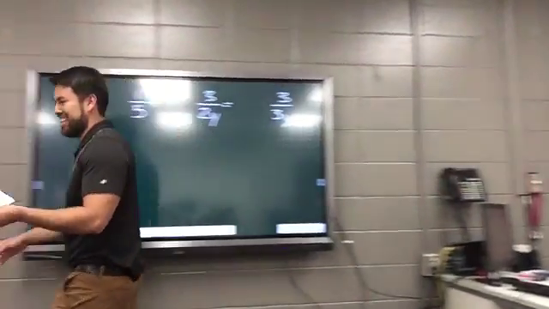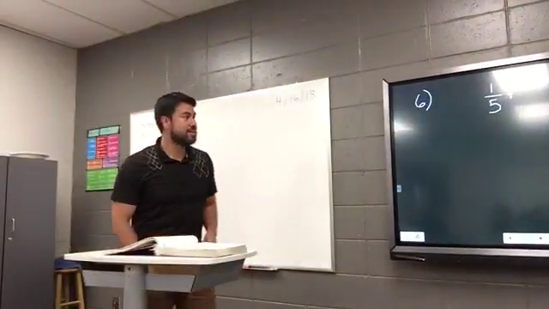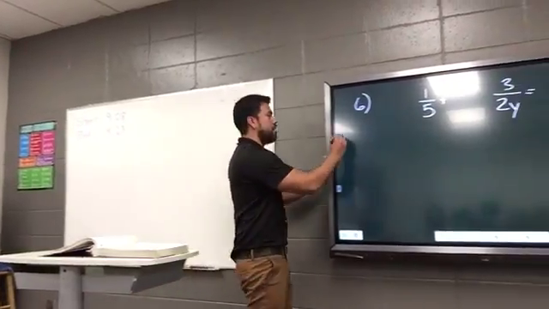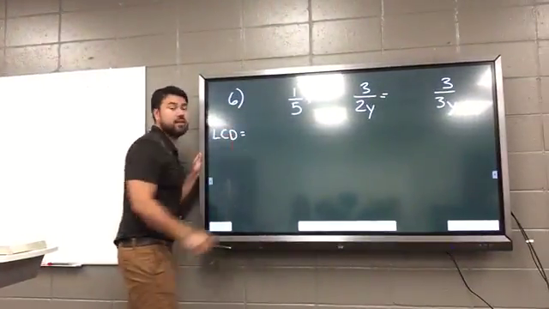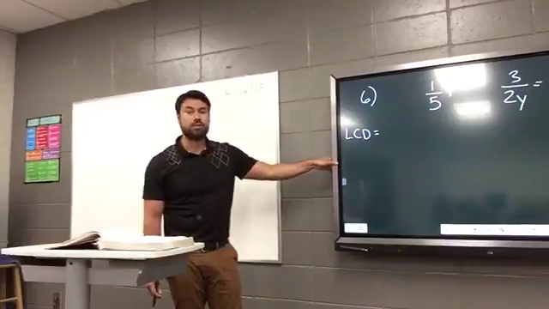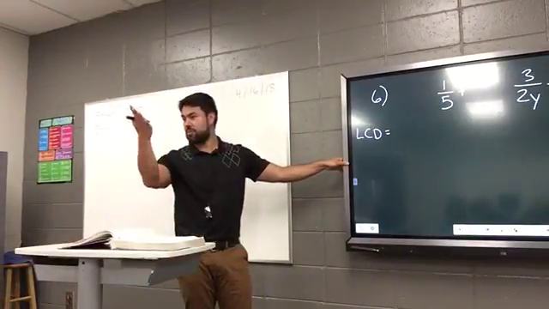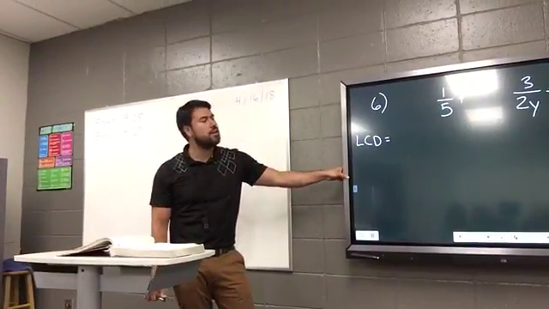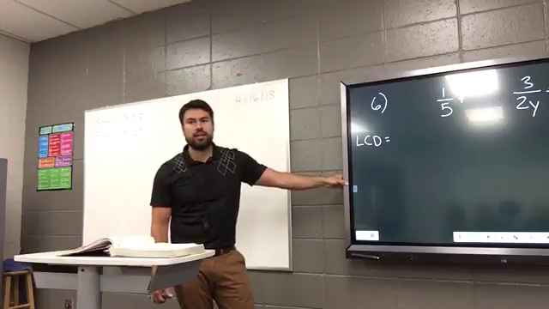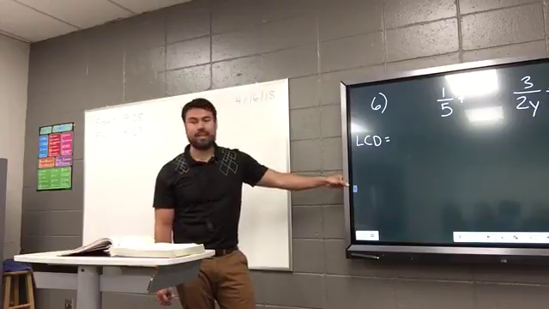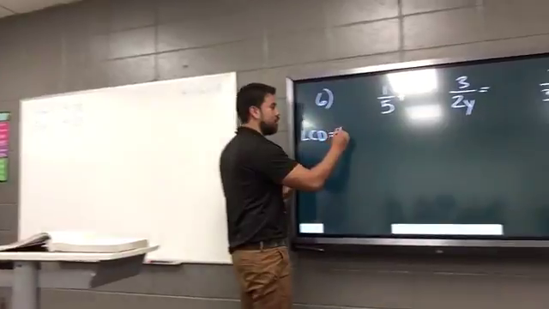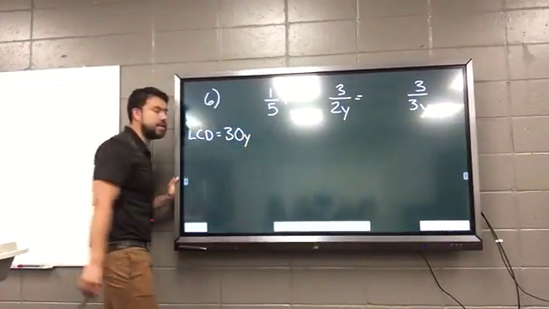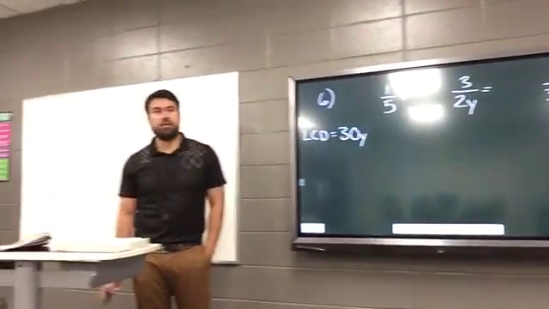Oops. Okay. What is the LCD of those three fractions? So I put it off to the side. What's my LCD of 5, 2y, and 3y? Think just the numbers. What's the LCD of 5, 2, and 3? 30. And then the variable part, 30y. That's the LCD, 30y.